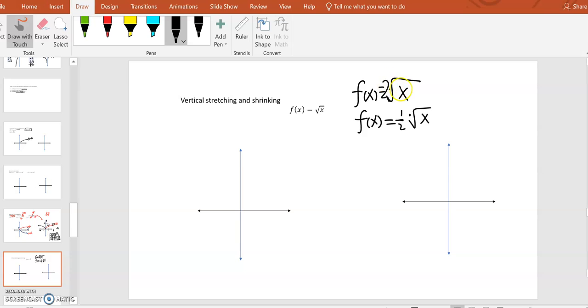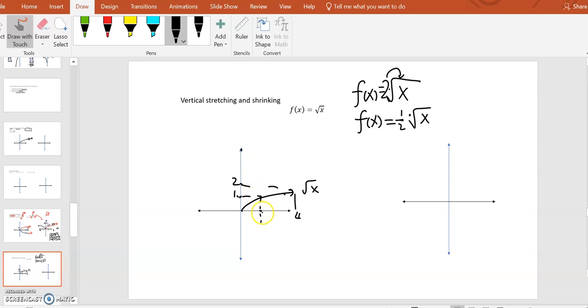And notice that if I multiply radical x by 2, this is square root x, and again, the points we got were (1, 1) and (4, 2). Notice that if we multiply radical x by 2, all the y values will be doubled. So this 1 will become a 2. This 2 will actually become a 4.